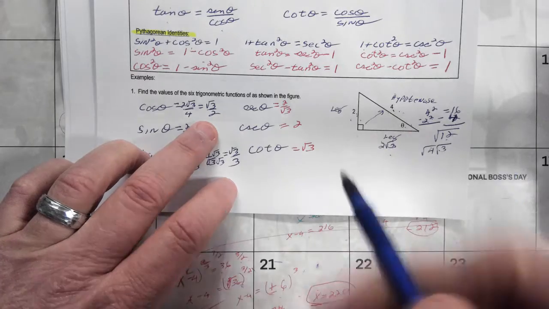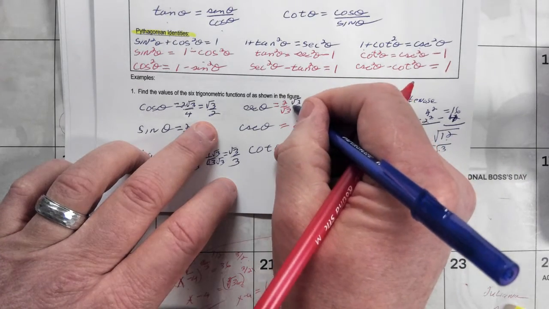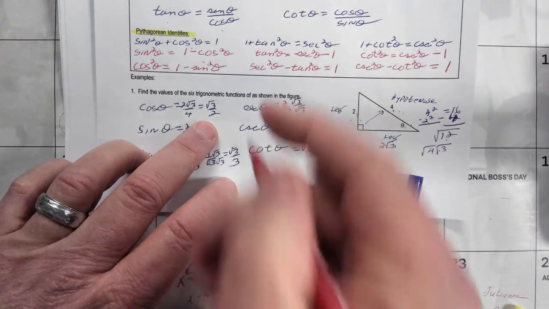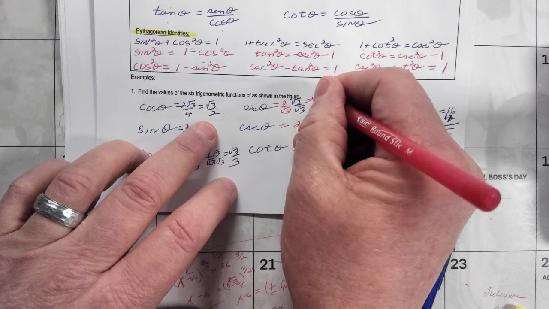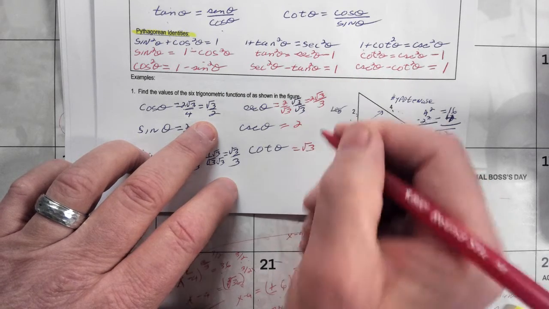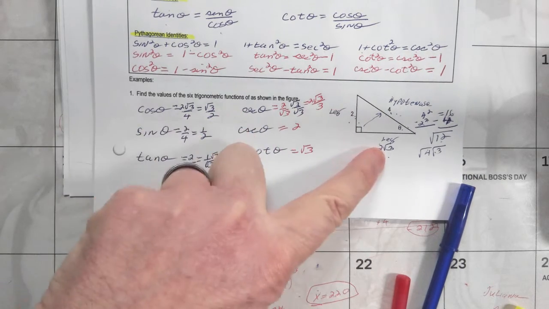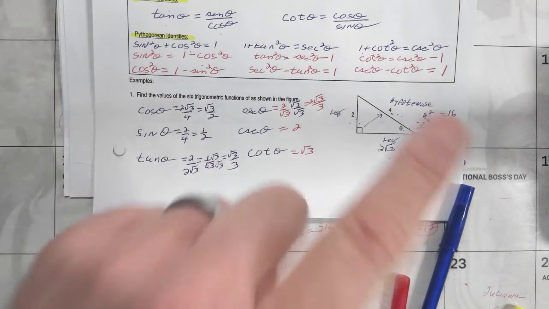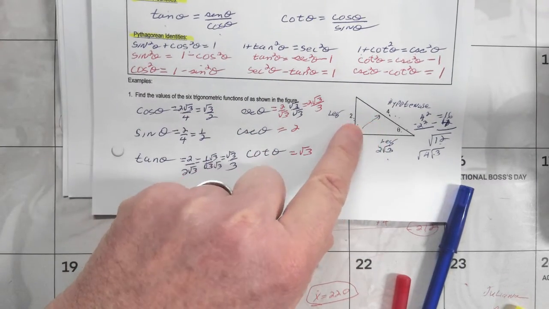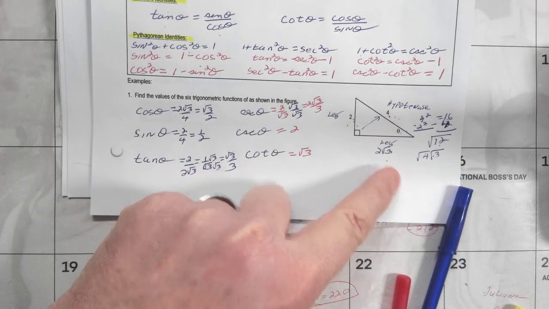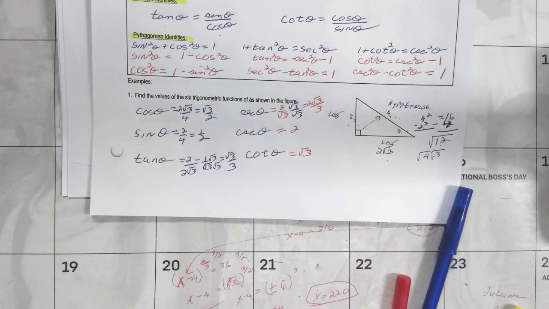Again, if you rationalize, it's 2 root 3 over 3. That's how fast you can do those kind of problems if you know how to set up a triangle. Many of you will get caught up in doing the Pythagorean theorem. When you have a hypotenuse, you square it, minus the leg squared, take the square root, and simplify. Any questions on that?